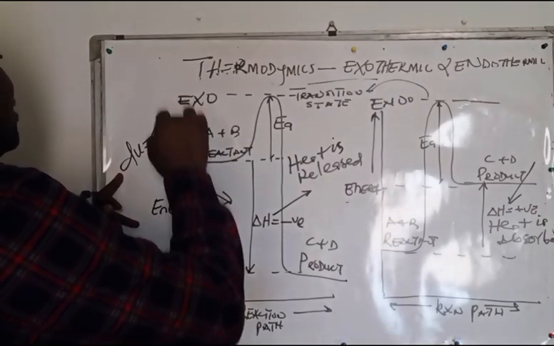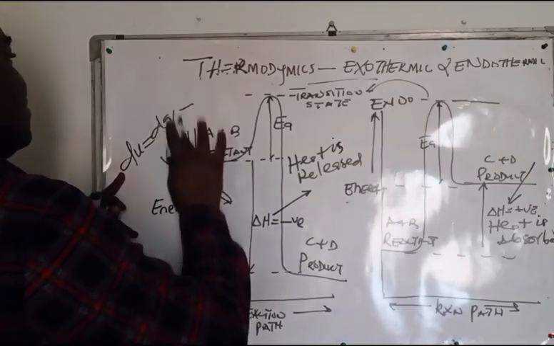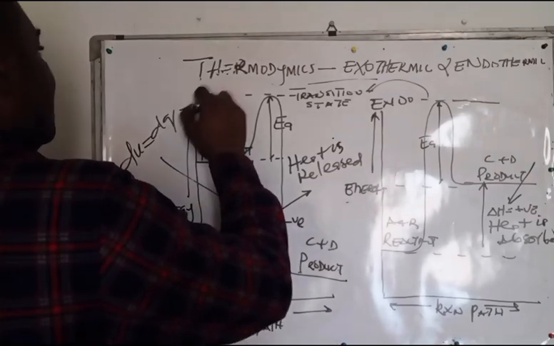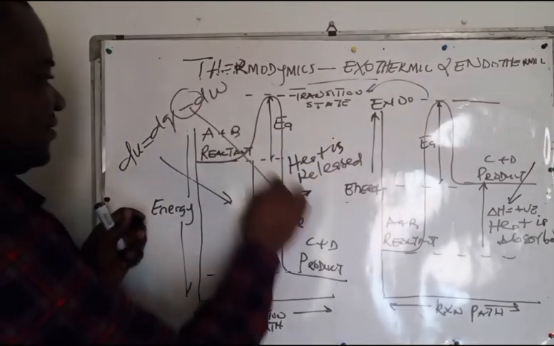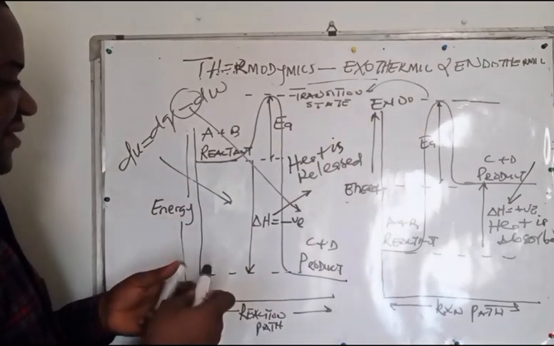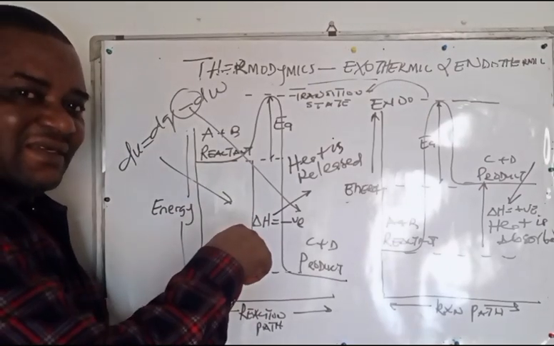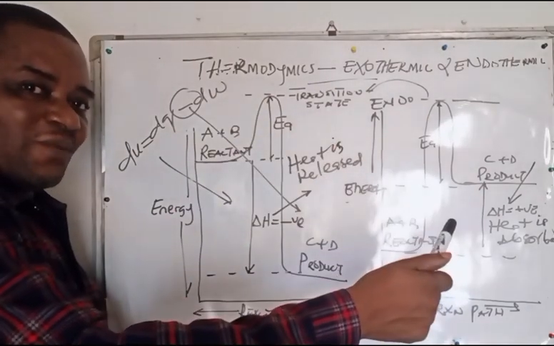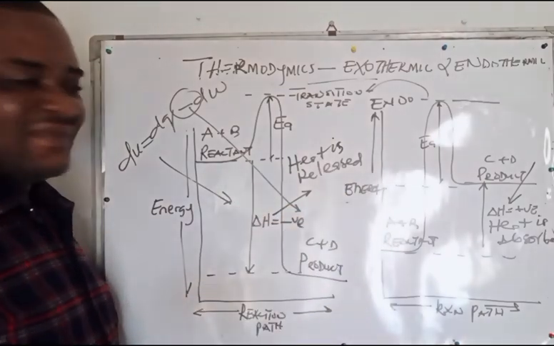dU is equal to dQ minus dW. The minus sign here means that work is done by the system on the environment. That means the system loses what? Heat.